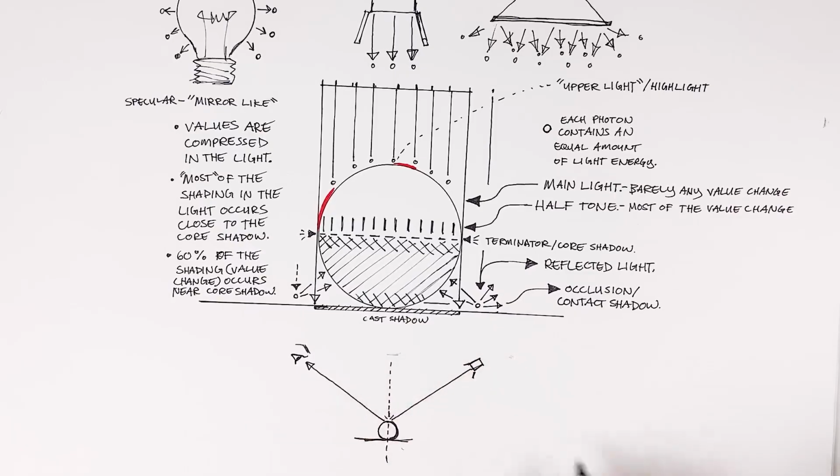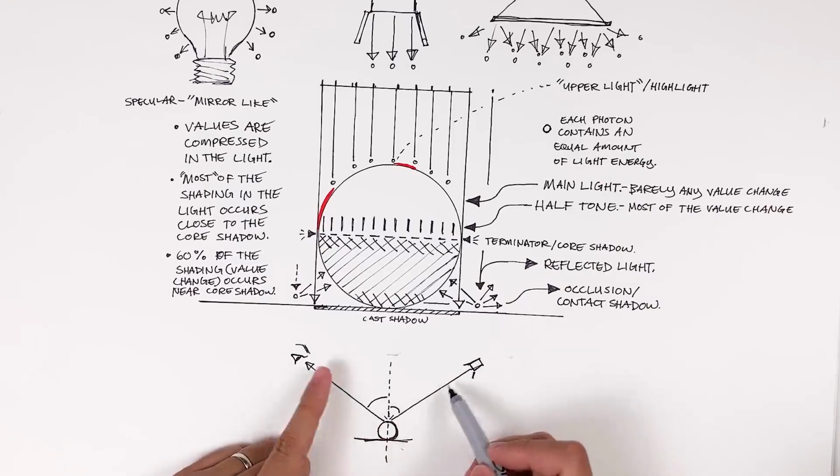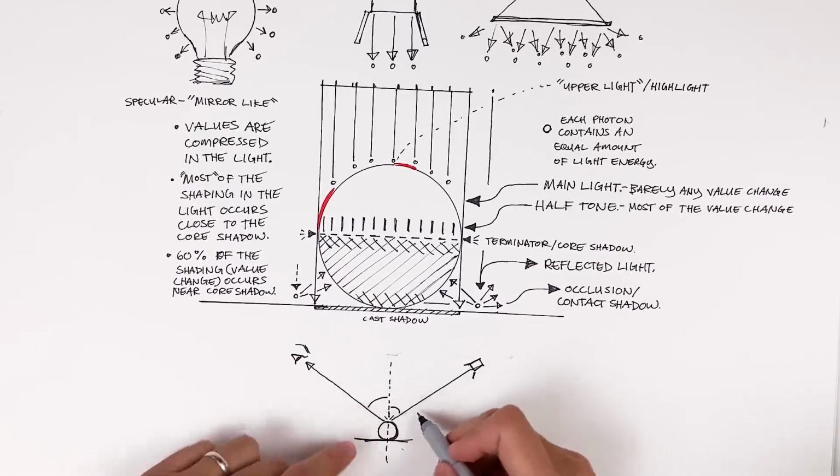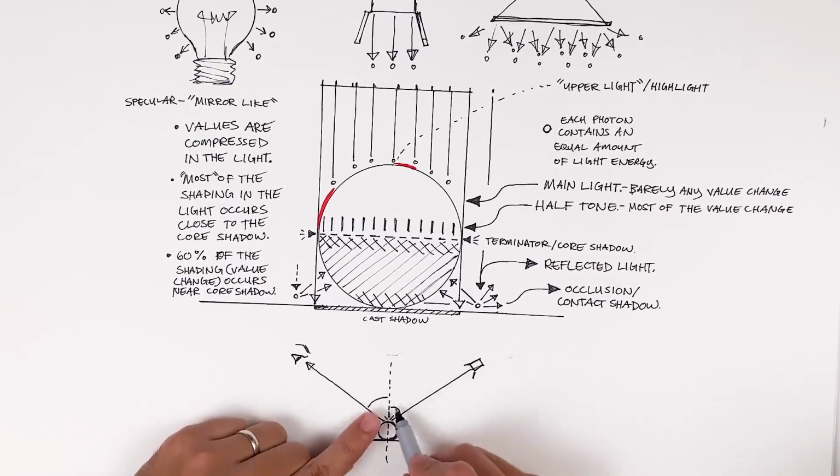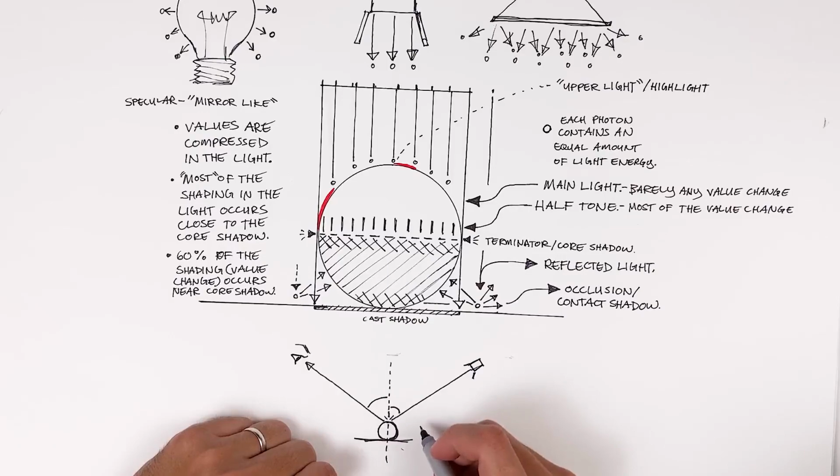down the sphere, this angle and this angle are equal. They are the same degree, right? Not actually, there's no way I nailed it, but you can tell that they're generally the same degree, right? The surface bisects them perfectly, right?